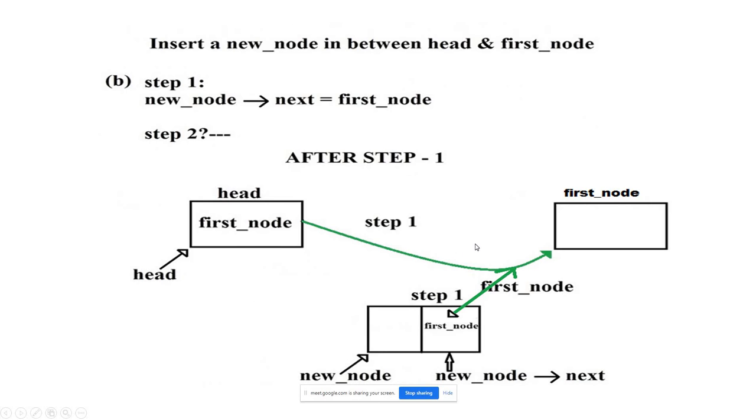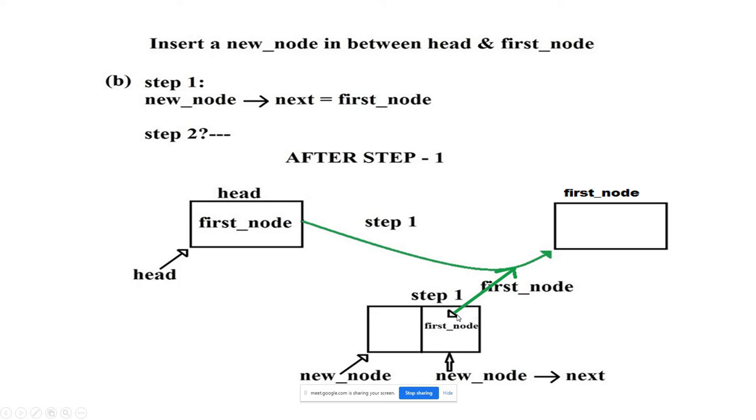How do you do that? You can see that step one would be, you write in a line new_node arrow next. Let's say you created somehow a new node, and you say that next of that is equal to first node.